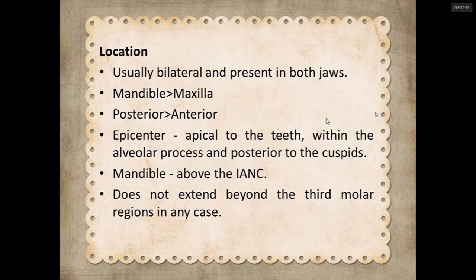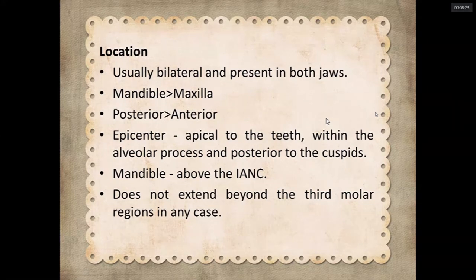The epicenter of the lesion is apical to the teeth, and it is within the alveolar process and posterior to the cuspids. So in short, usually it occurs in the posterior region of the jaw rather than the anterior part. The epicenter of the lesion is always apical to the teeth within the alveolar process.